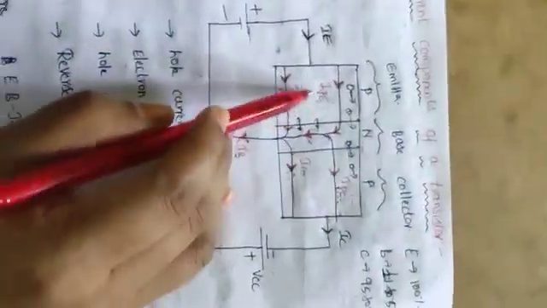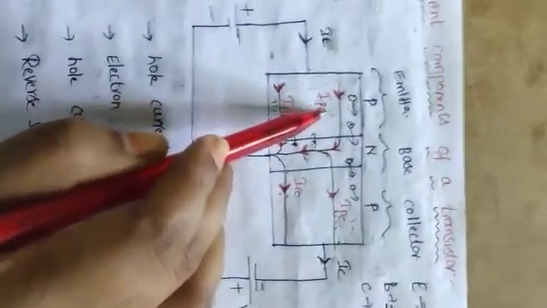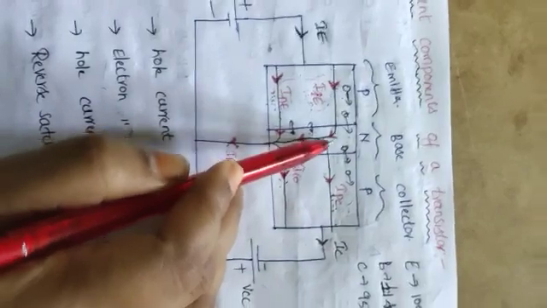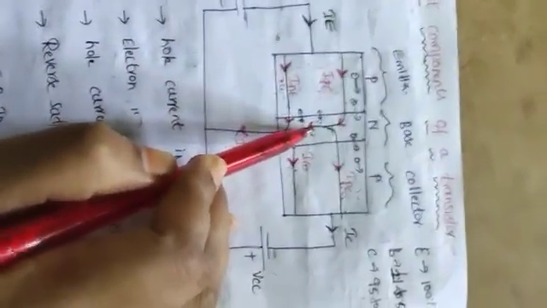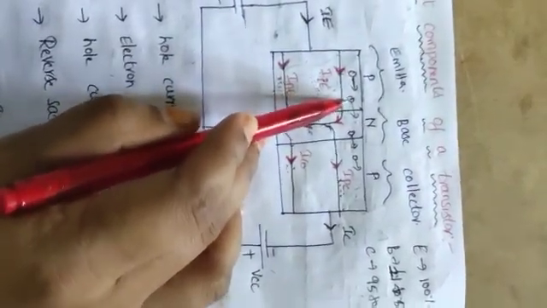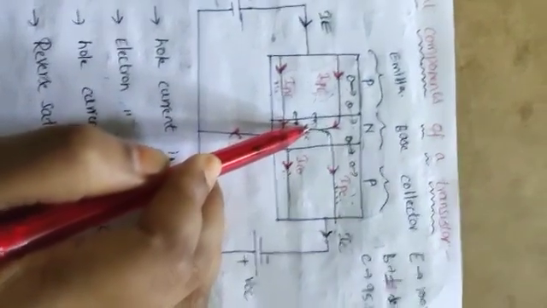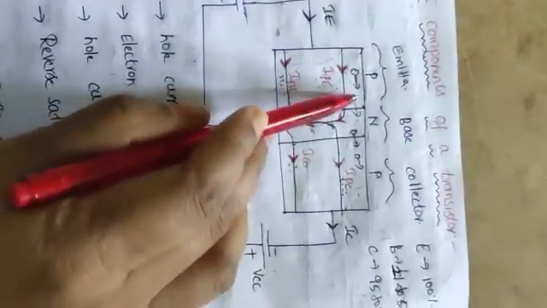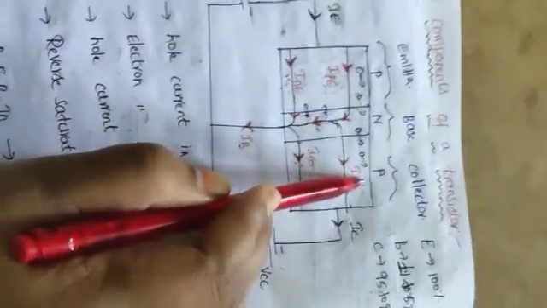When the charge carriers from the emitter enter the base region, where the majority carriers are electrons, a few holes recombine with electrons in the base. So a few holes are lost and the remaining holes move towards the collector.